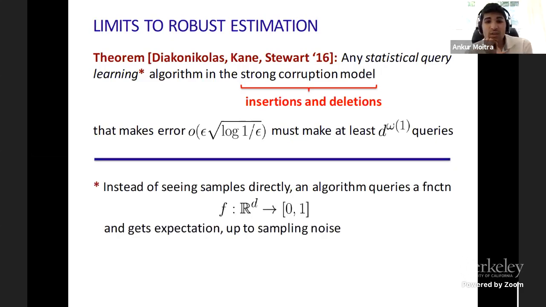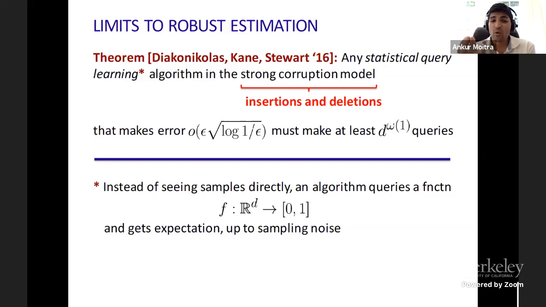Actually, the intuition for this is really simple. If you think about where epsilon times root log 1 over epsilon comes from, how could an adversary move you not just the mean by epsilon, but epsilon times root log 1 over epsilon? If you take a 1D Gaussian, the adversary could cut out one of the tails. And when they cut out the tail, that would move you by epsilon times root log 1 over epsilon, even in 1D.